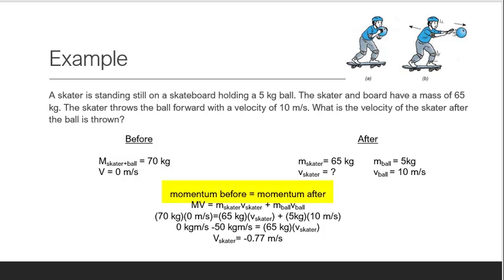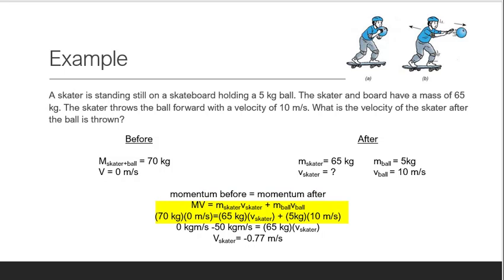And so momentum before is equal to momentum after. So you set up the equations: mass times velocity of everything all stuck together is equal to the mass of the skater and the velocity of the skater multiplied together, plus the mass of the ball and the velocity of the ball multiplied together.